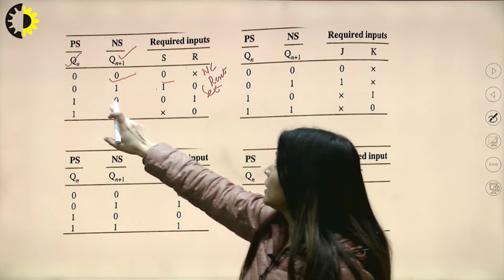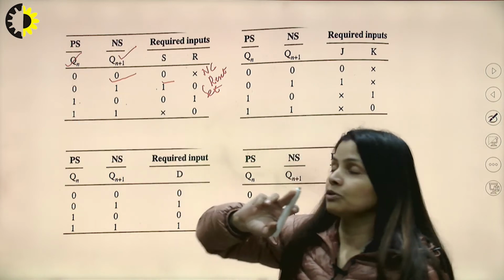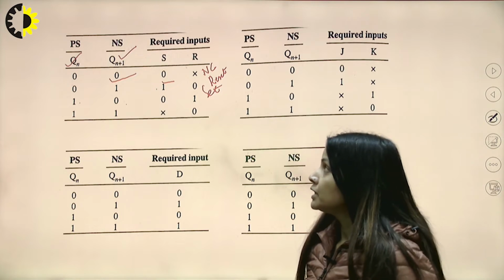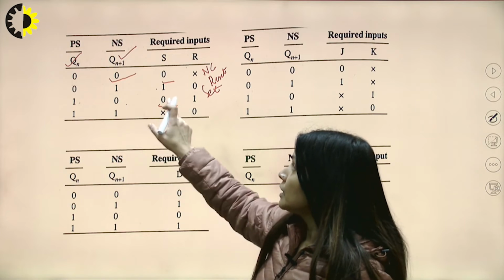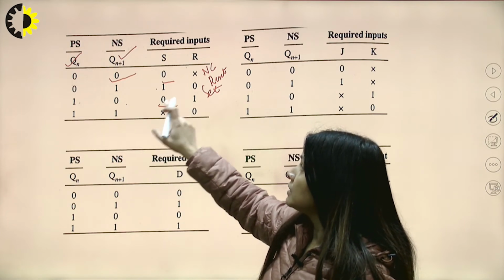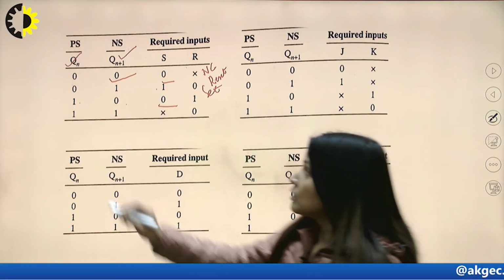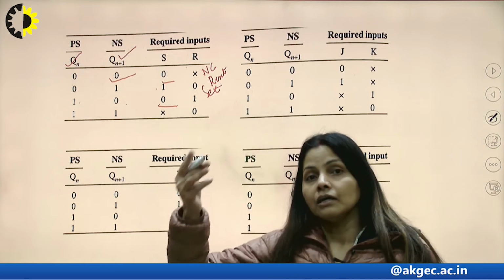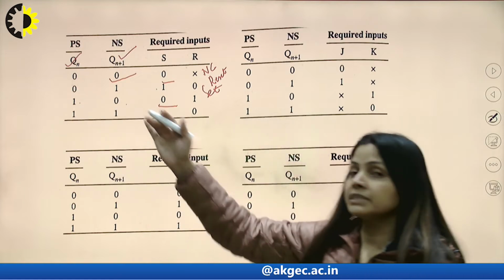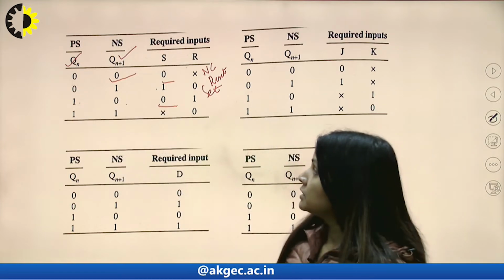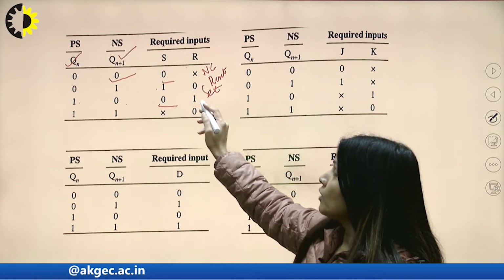Right. Similarly, next, for Qn is 1 and Qn plus 1 is 0. So Qn plus 1 is 0 if we give S to be 0. And what should be the condition for R? Let us find out. The earlier output was 1 and the next state output is 0. So we can say this is the condition for S and R to be 0 and 1.